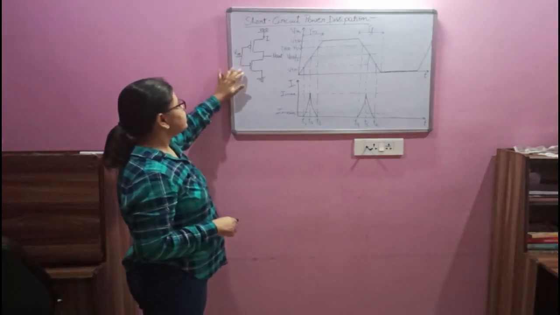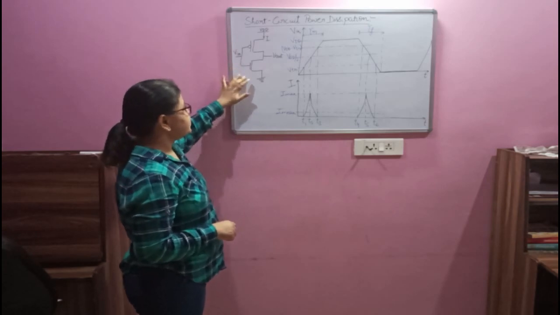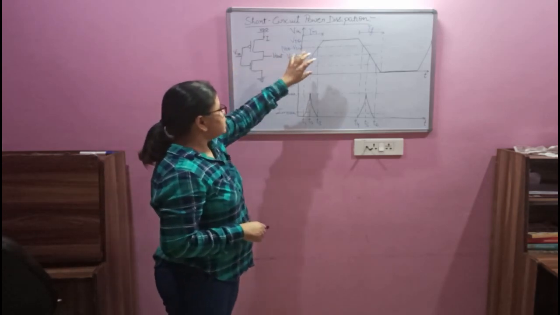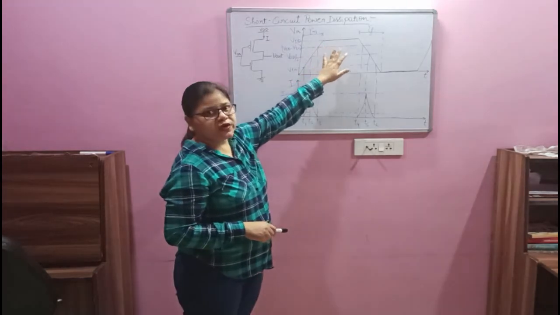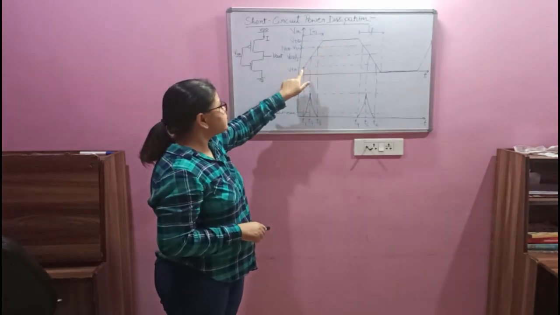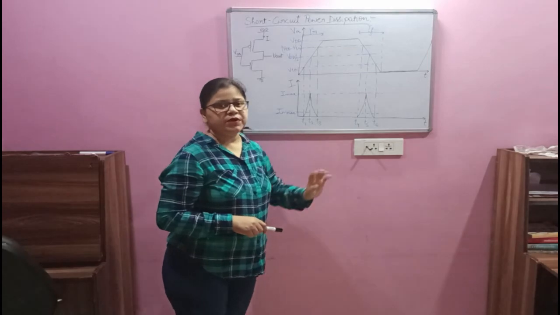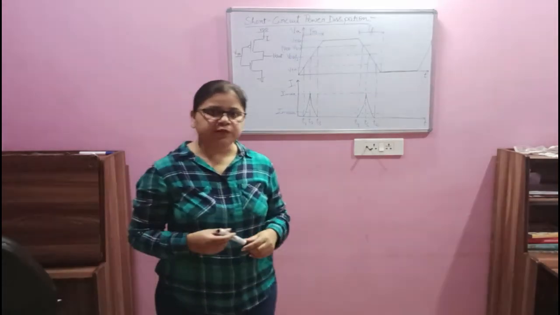Now here I am taking the case of a CMOS inverter, and the input is shown over here, and this input has a finite rise and fall time. This is not a step type of input.